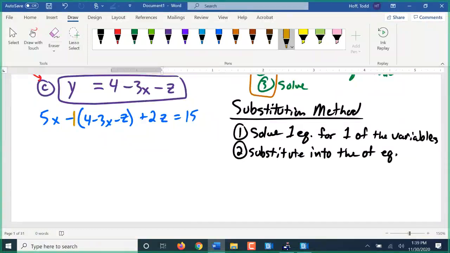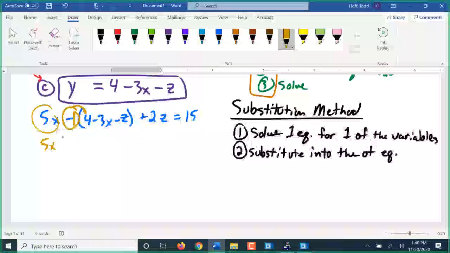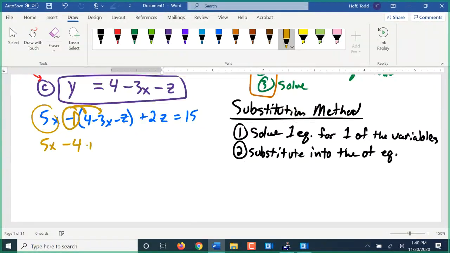So I'm going to combine on the left side here. I've got the 5x, that's not going to do anything. I'm going to distribute the -1 through the parentheses. -1 times 4 is -4. -1 times -3x is a positive 3x. -1 times z is a positive z. The 2z is outside the parentheses, so it does not get multiplied. That equals 15 so far.